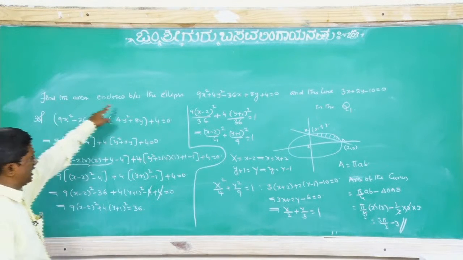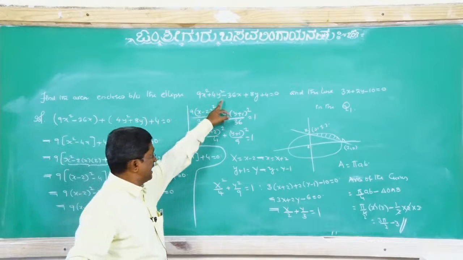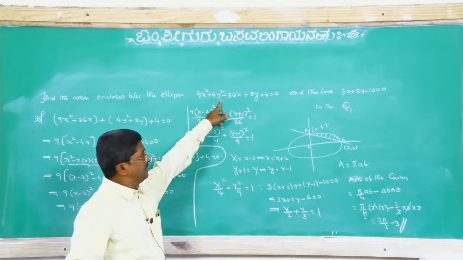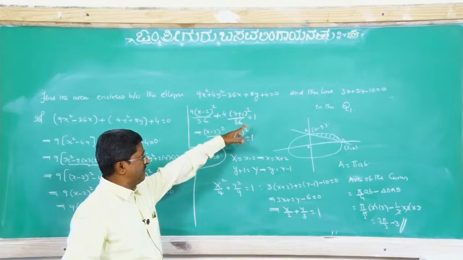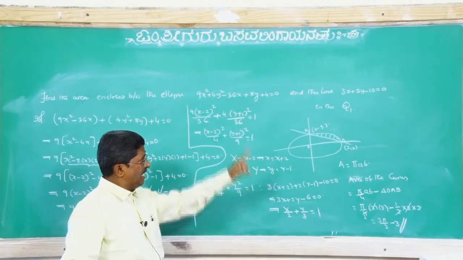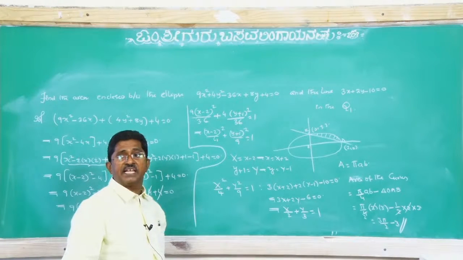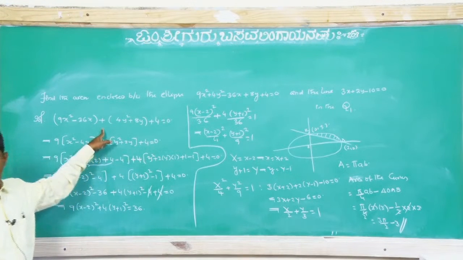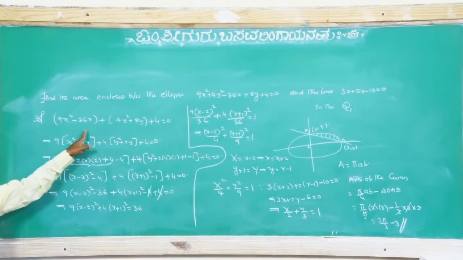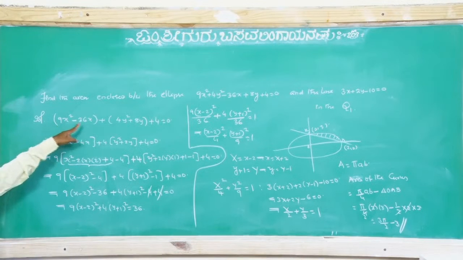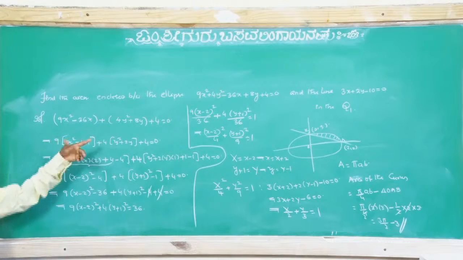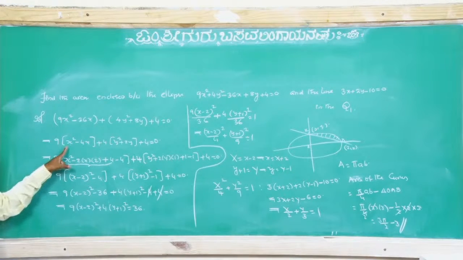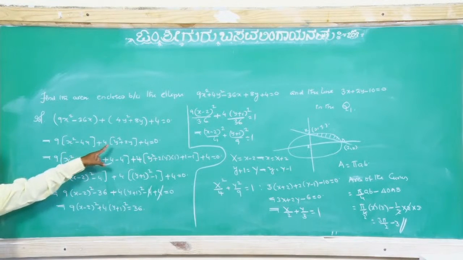Find the area enclosed between the ellipse 9x² + 4y² - 36x + 8y + 4 = 0 and the line 3x + 2y - 10 = 0. First of all, we make the given ellipse into the standard form. So 9x² - 36x, x terms separate, y terms separate and the constant term separately. 9 into (x² - 4x), 4 into (y² + 2y), + 4 = 0.